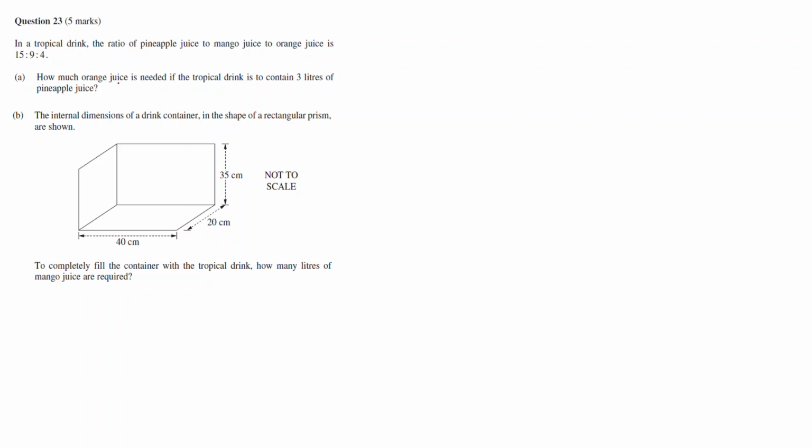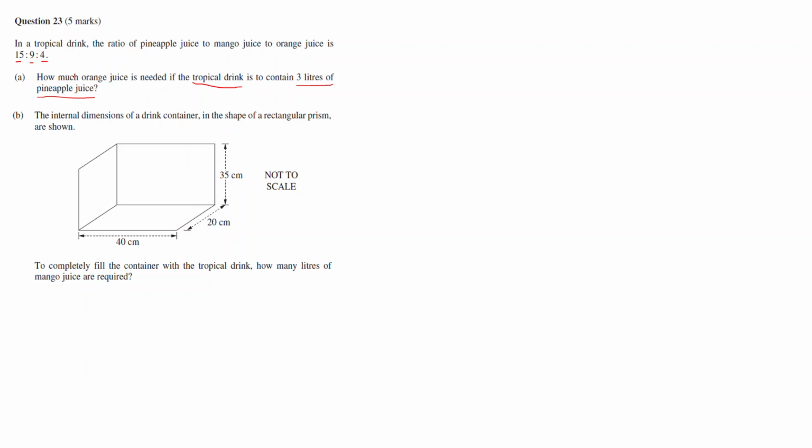So these kind of questions, first work out what do you have. You're told that the tropical drink has 3 liters of pineapple juice. Okay, one drink has 3 liters of pineapple juice. You're also told this is the ratio, right? Ratio of pineapple to mango to orange.